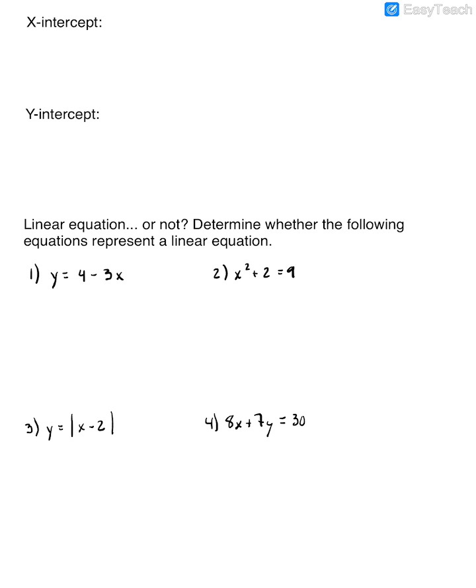A couple other vocab words that we would like to define are x and y intercepts. So an x-intercept is the point at which your linear equation and x-axis intersect.